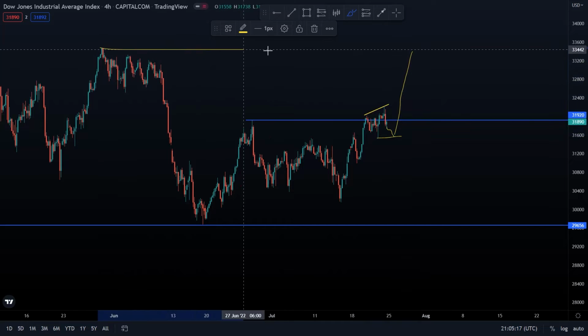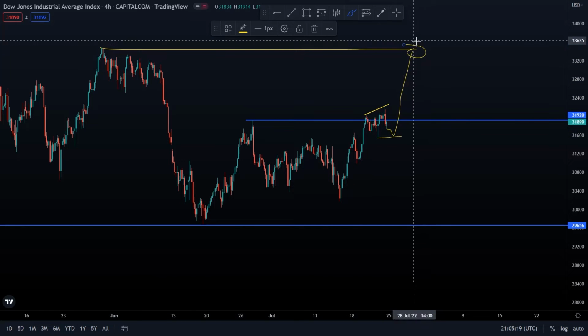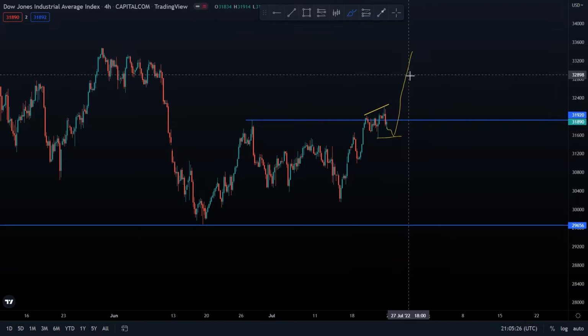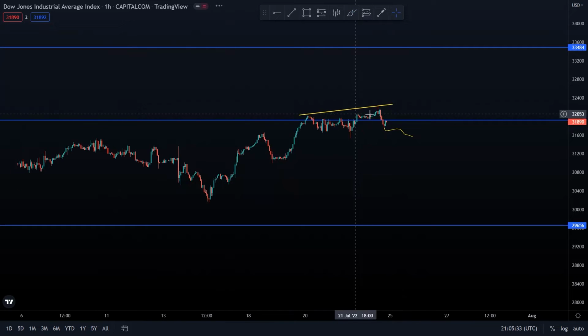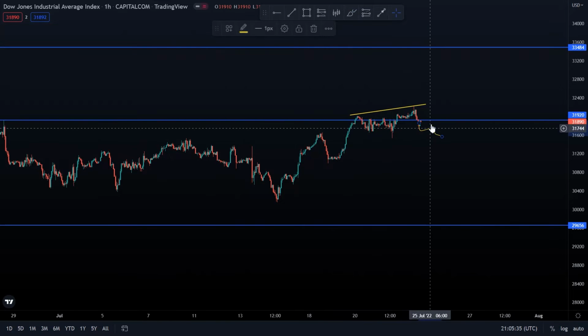Our next level that we'll be looking for US 30 to hit is this level in the market. Or if not, the only way is to wait for more confirmation, and then we'll go to the 1 hour time frame.